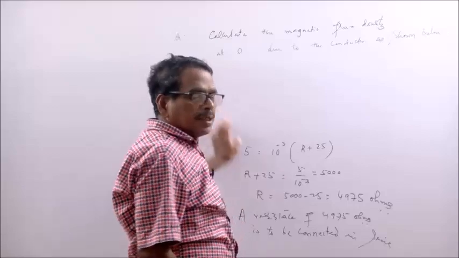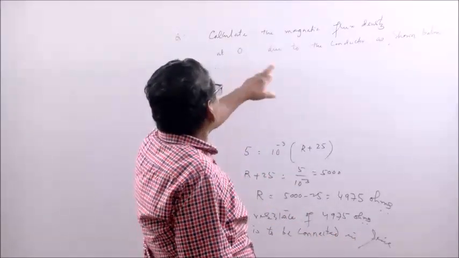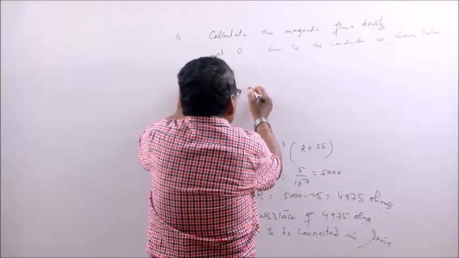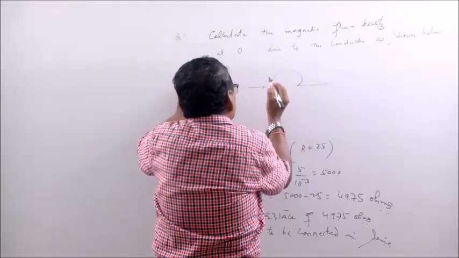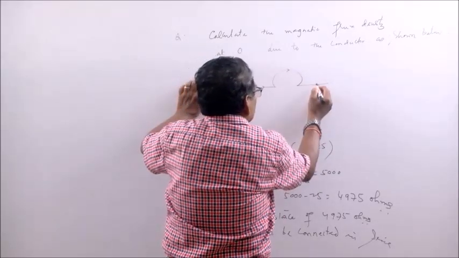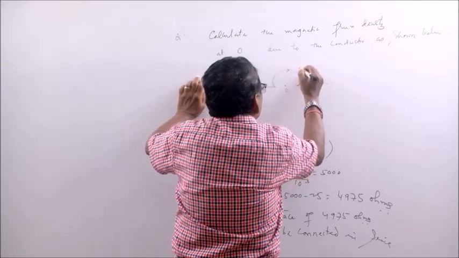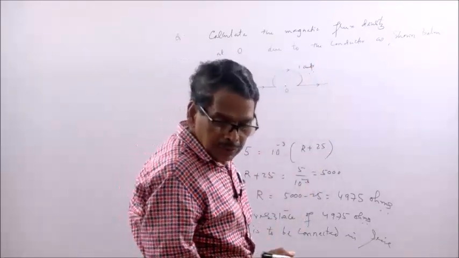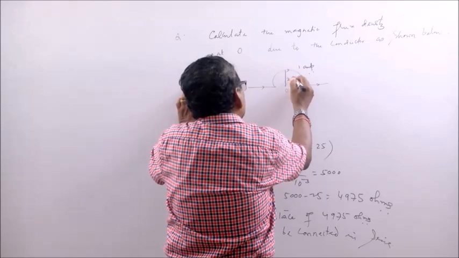Below there is a conductor which is carrying current. You find out how much. The conductor is like this. The current is 1 ampere, and this radius is 2 centimeters, given.